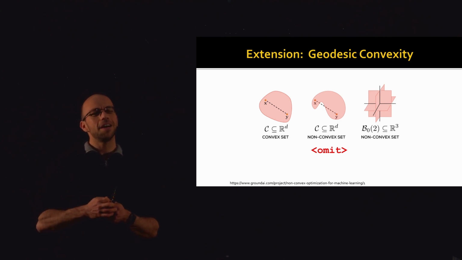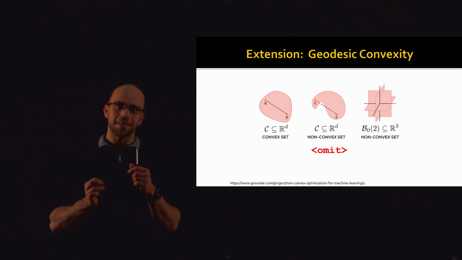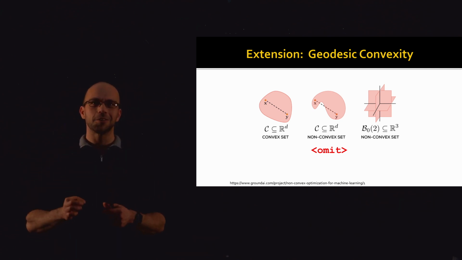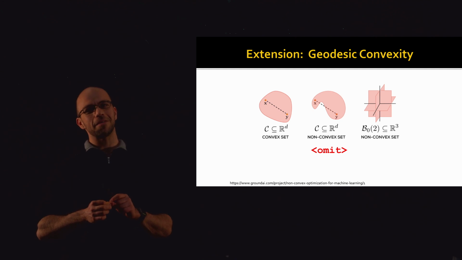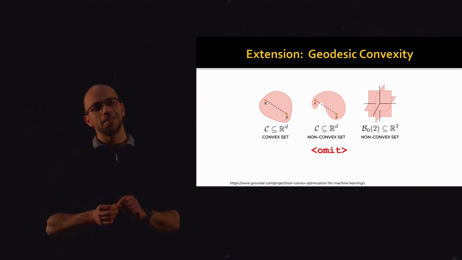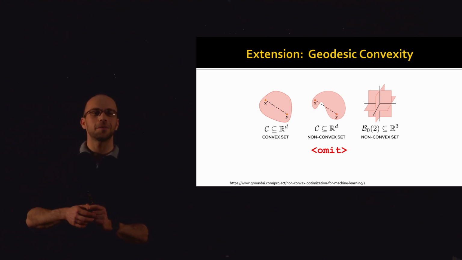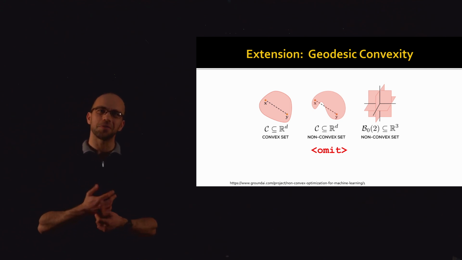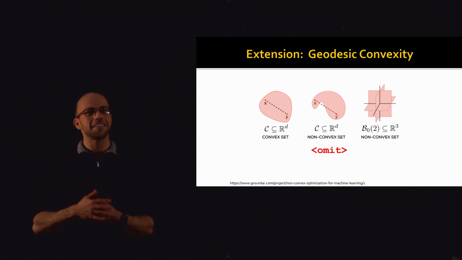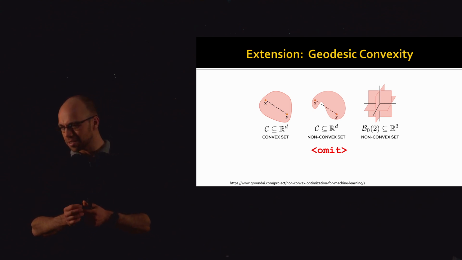So you can define a geodesically convex set to be a set where, between every pair of points, the entire geodesic from one point to the other is also inside of that set. And you can similarly define geodesically convex functions. And then many of the nice properties that we know and love from convex optimization, like a lack of local minima, extend to this case without a whole lot of change.